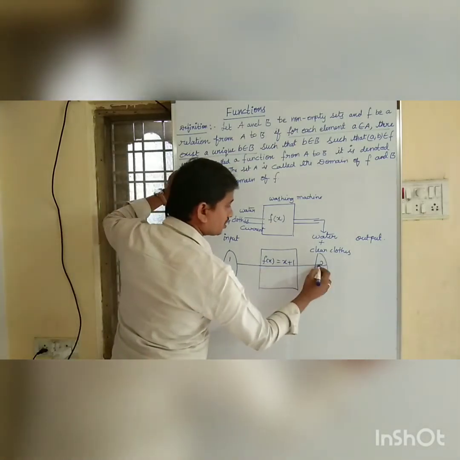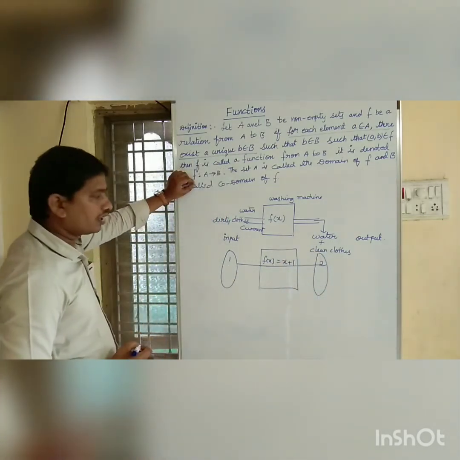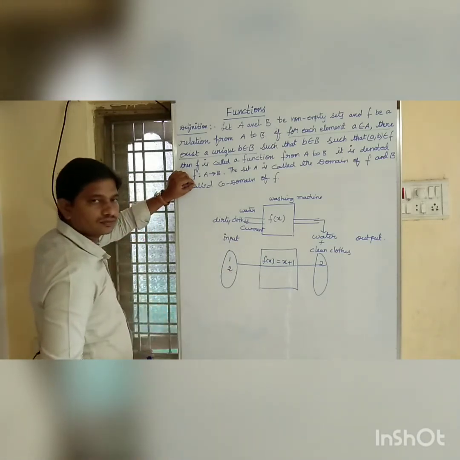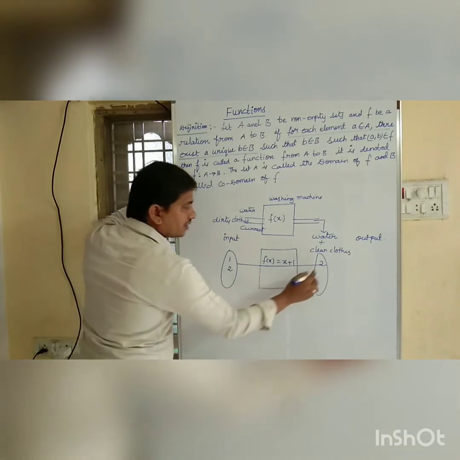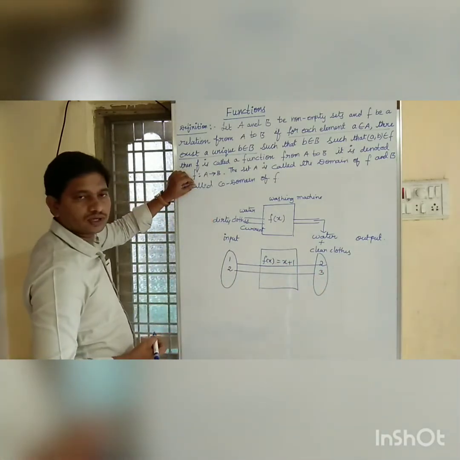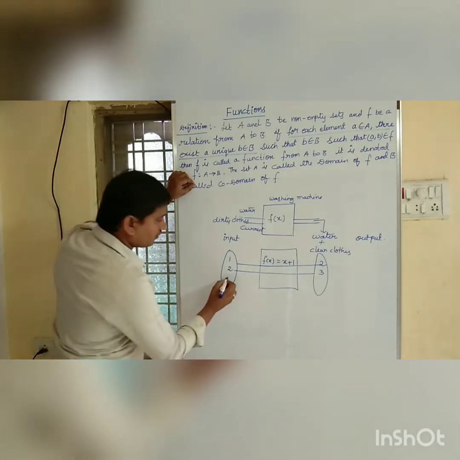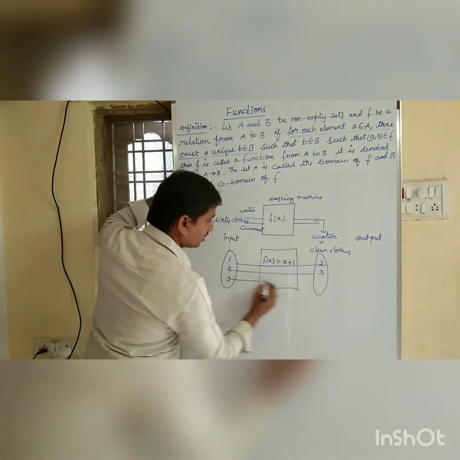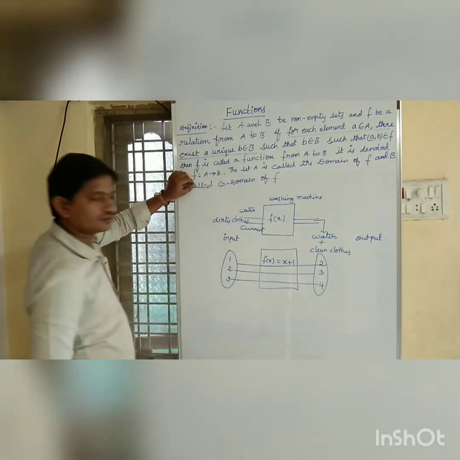Suppose we take x is equal to 2: 2 plus 1 gives us 3. Suppose we take x is equal to 3: 3 plus 1 gives us 4.